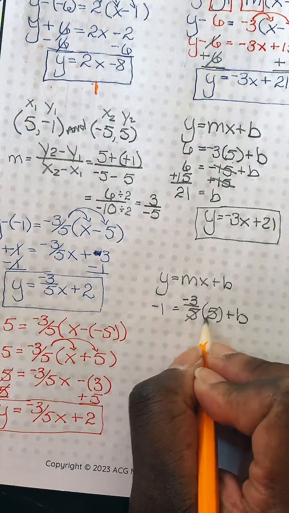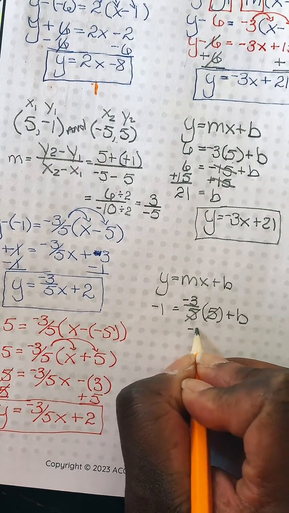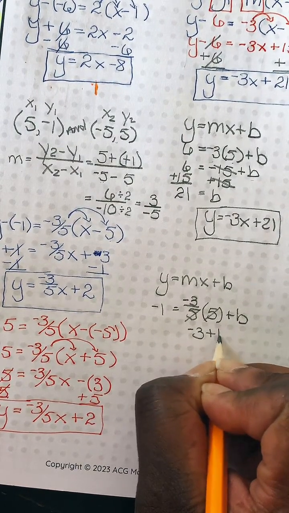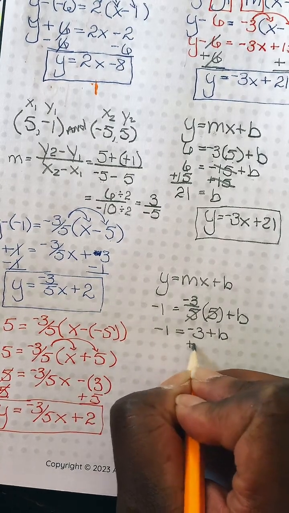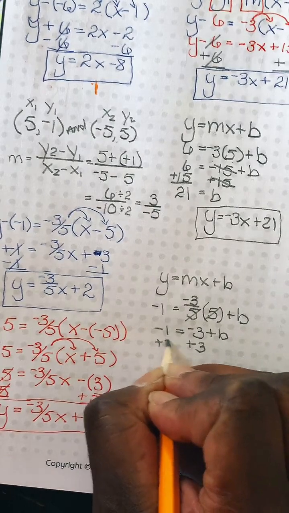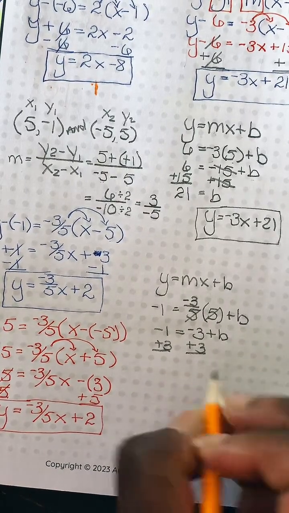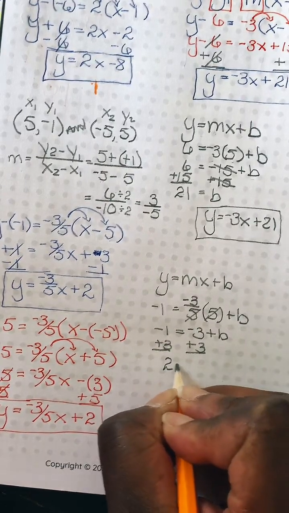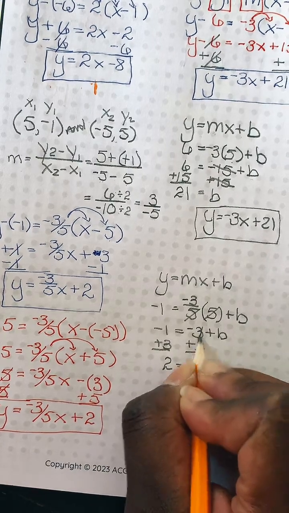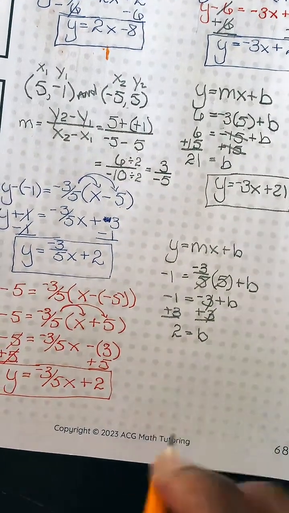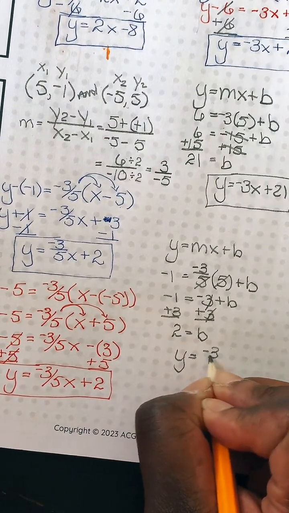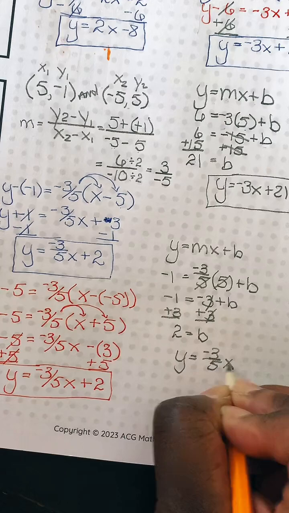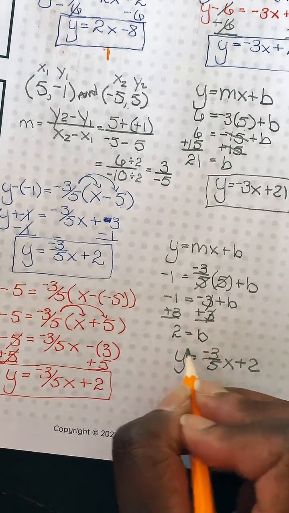Now, 5 and 5 cancel out, giving me a negative 3 plus b equals a negative 1. Then we add 3. We still get a y-intercept, which is b, and we still get our same equation: y equals negative 3/5 x plus 2.